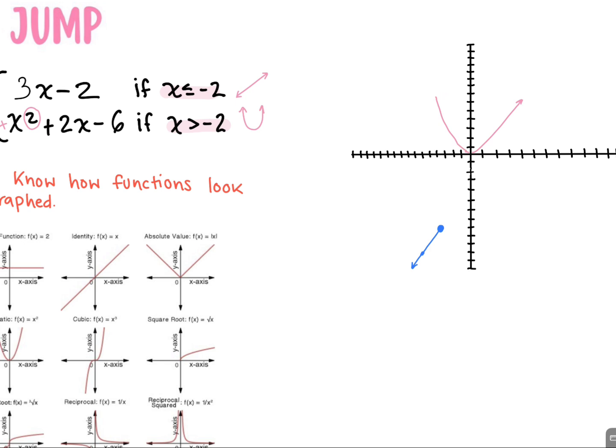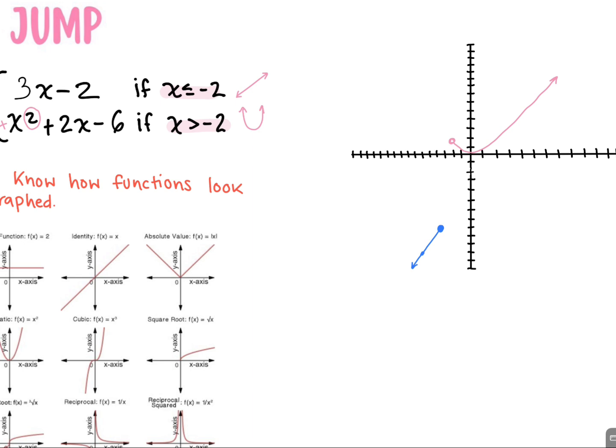But since it needs to be greater than -2, it's going to look something like this. We're probably going to have an open circle here at -2. And it's going to go through here and then up towards positive infinity.